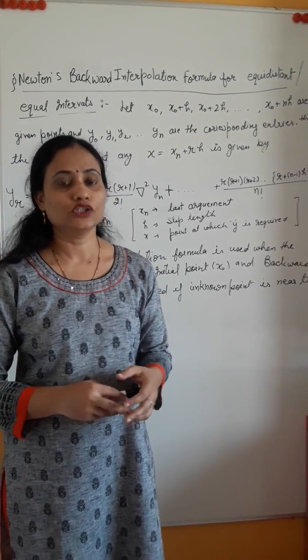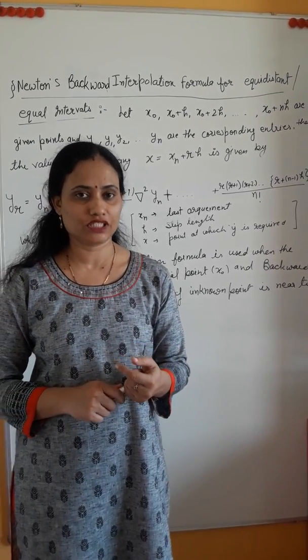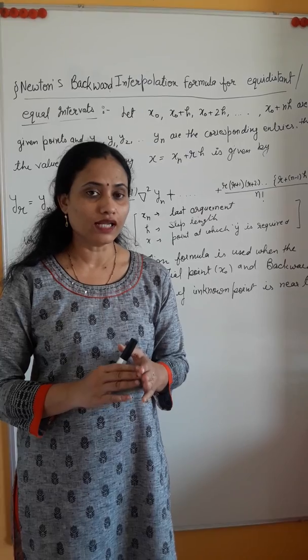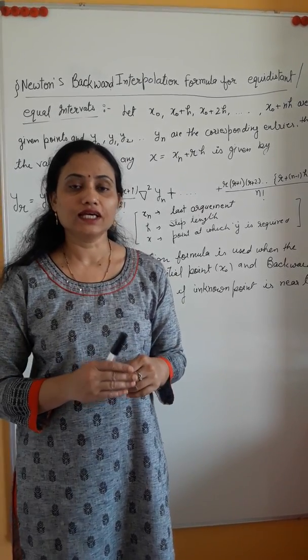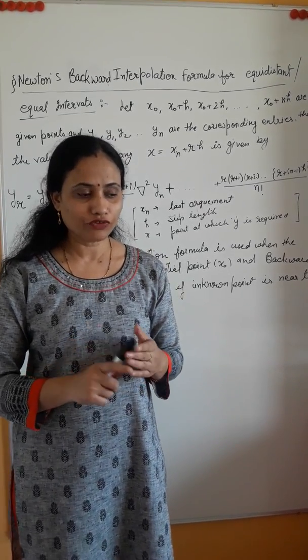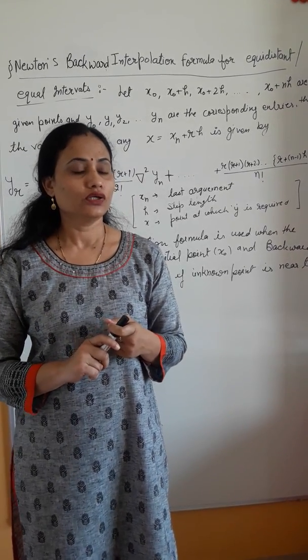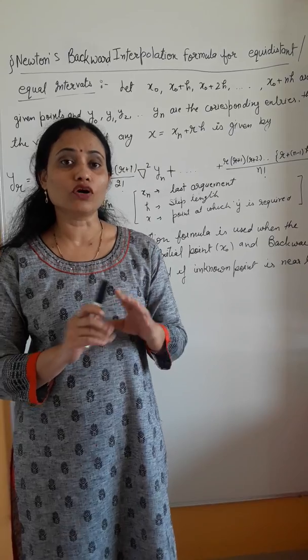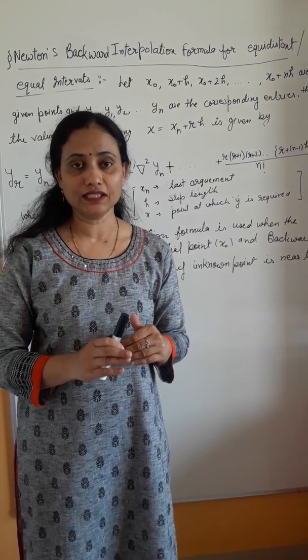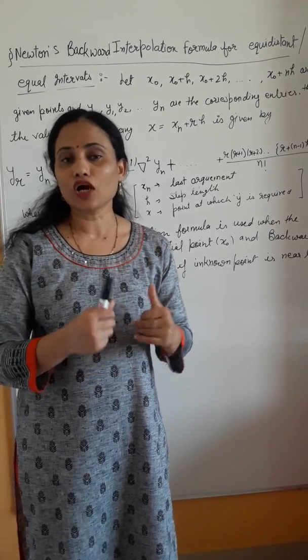So next is Newton's backward interpolation formula. First, let's recall the difference between forward and backward. If you recall the forward and backward difference tables, think about the difference in representation and in computation.